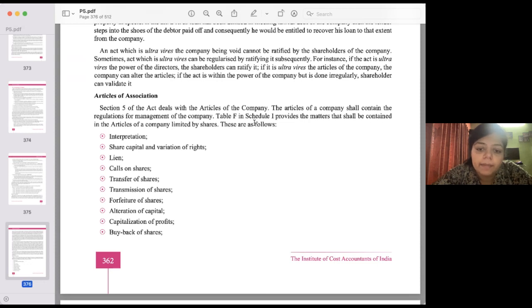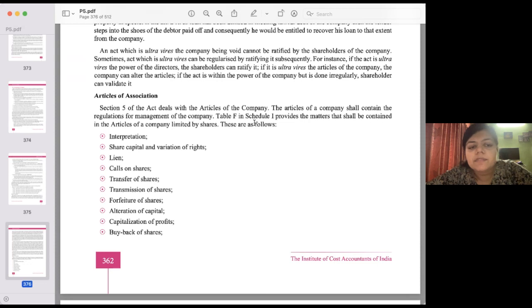If you don't abide by it, it becomes a problem, because it tantamounts to deceiving your shareholders, the people who believed in your charter documents, your memorandum as well as your articles of association, and became a part of your company by contributing money to the share capital for it to run and achieve those objects.